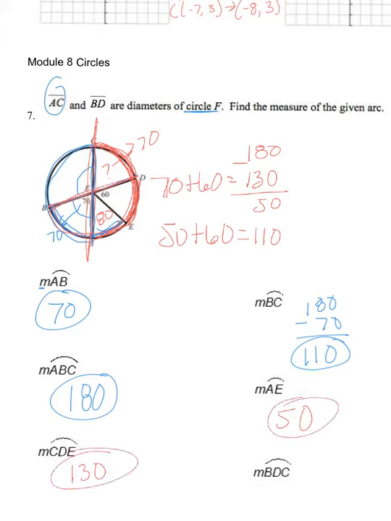And then the last one, BDC, B to the D. I actually should use a totally different color because I've colored all over this circle. Okay. B, D, C. So BDC is all of this right here. So that's 70, that's 50, that's 60, and that's 70 again because we figured it all out. So that means this is 70 plus 60 plus 50.